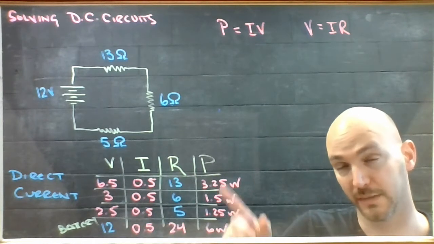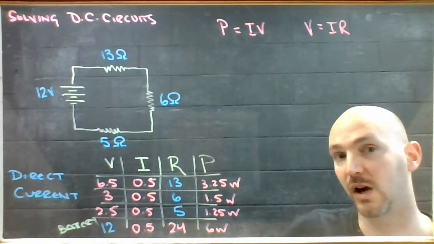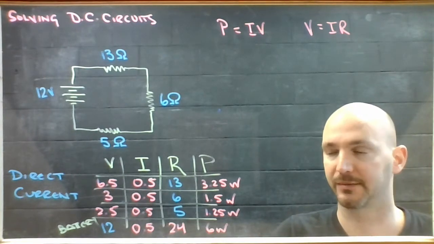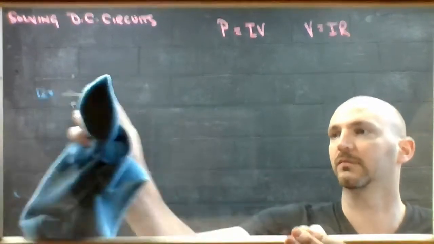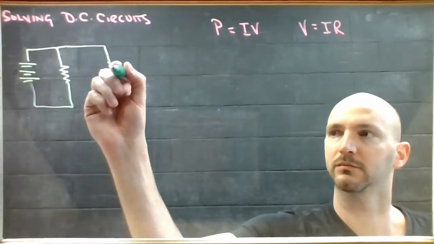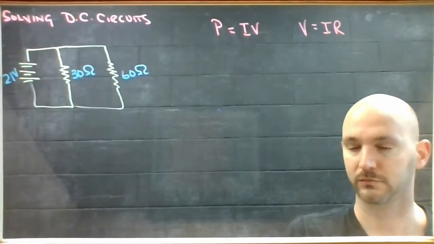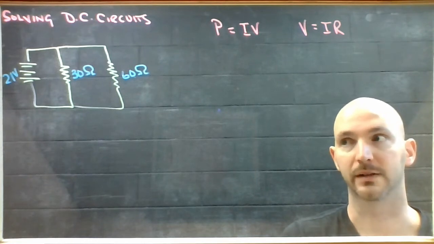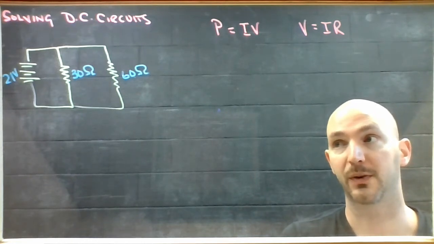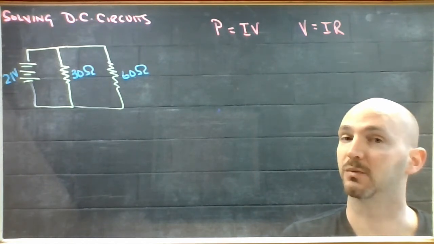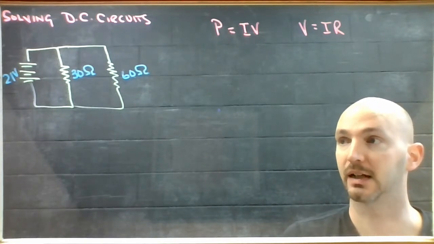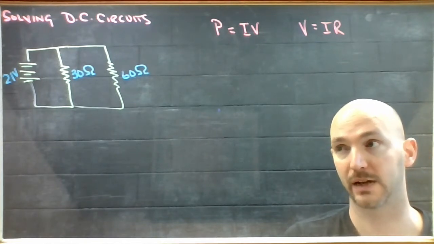So I'm going to erase this one, and then we're going to walk through one that has parallel components. All right. So I have a 30 ohm resistor and a 60 ohm resistor wired in parallel, and they are connected to a 21 volt battery.